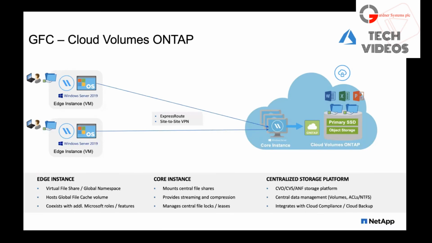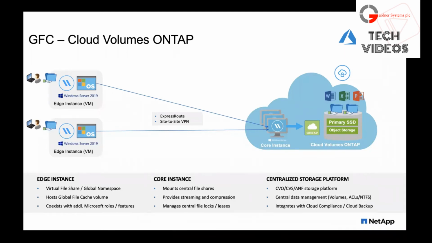So the core instance is fundamental when it comes to being able to mount to that central storage, which subsequently provides for streaming, compression, and optimization between what's called the edge and the core over the wide area network, to not only overcome the chattiness of the SMB protocol, but also facilitate compression, delta differencing, only sending the changes back and forth over the wide area network, and streaming of the data.